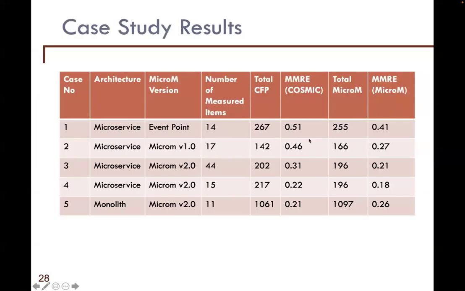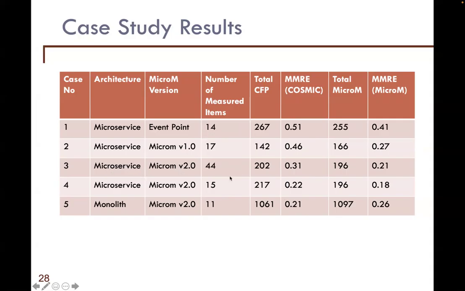So here you can see the results. What we tried to do was predict the effort that is utilized in these projects based on the sizes we have. In most cases, we created multiple regression models to make sure that we count the differences on different types of events or different types of data moments in COSMIC.